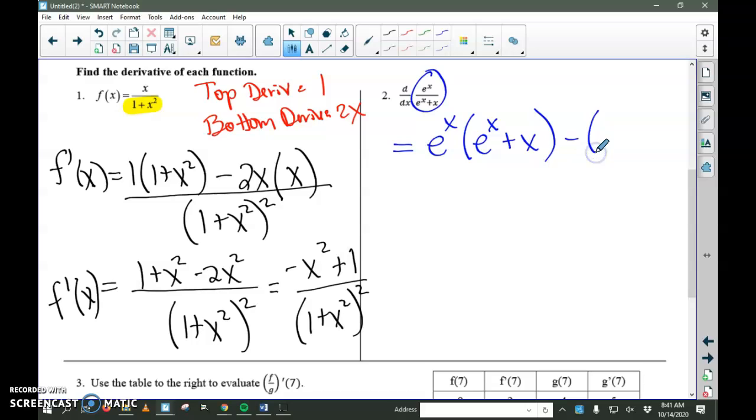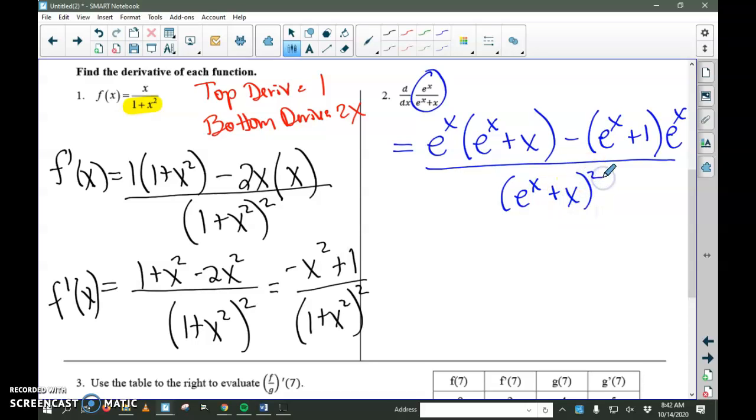So the derivative of e to the x is e to the x, and the derivative of x is 1. So plus 1 times my numerator function, all divided by that entire denominator squared. So that's my setup, okay?